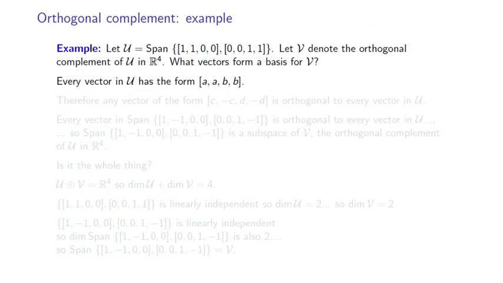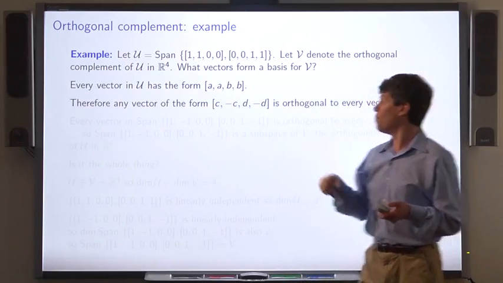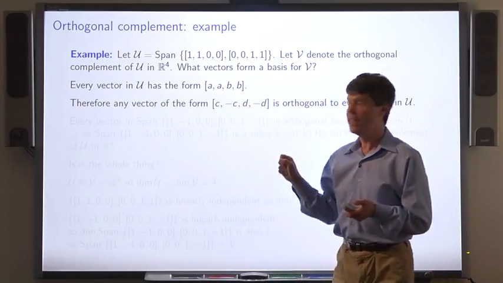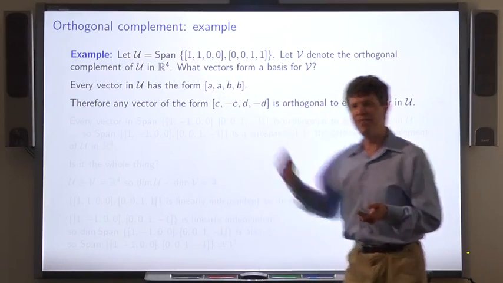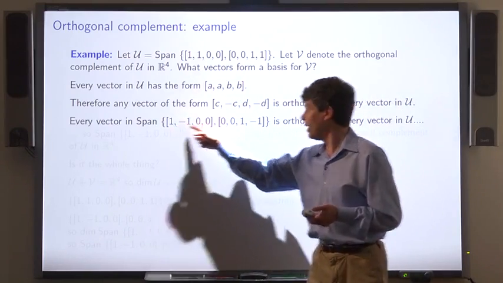Well, by looking at these generators, we can see that any vector in big U has its first two entries the same and its last two entries the same. So it has the form a, a, b, b. So any vector of the form c, minus c, d, minus d is orthogonal to every vector in big U. So let's consider the space spanned by these two vectors.